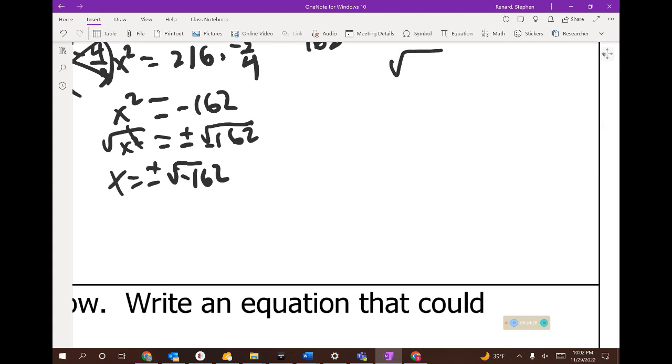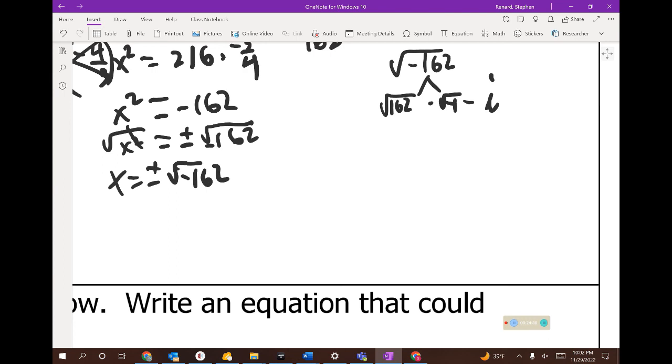First things first, I want to break this into the square root of 162 times the square root of negative 1. Again, the reason I do that is because I can convert that negative 1 into an i. I never have to worry about it. We're done with that now.